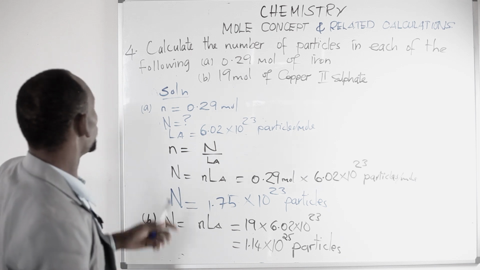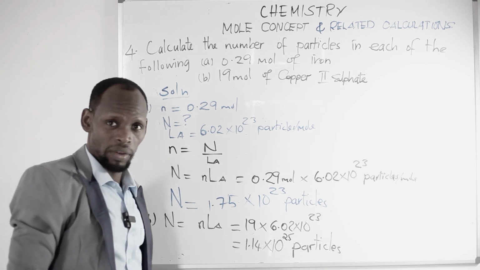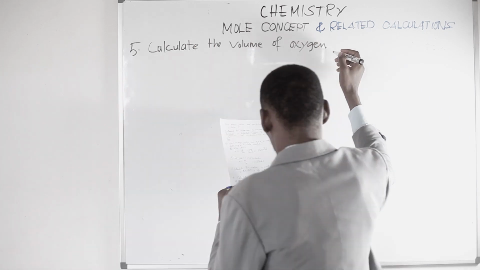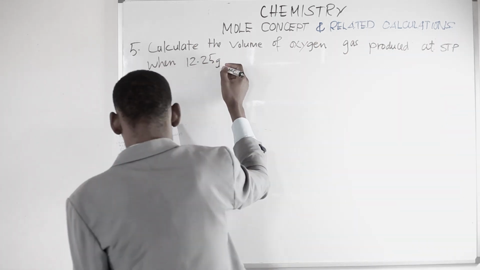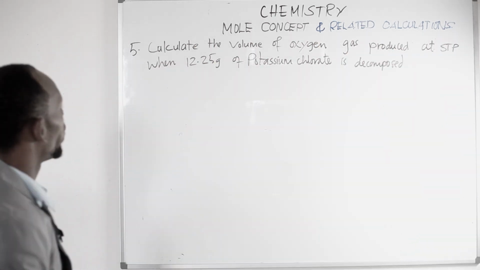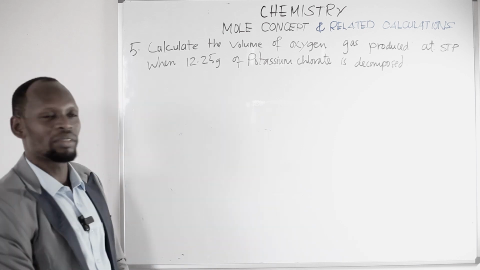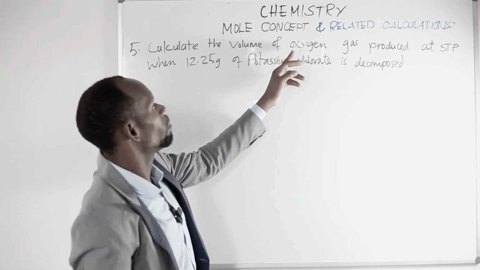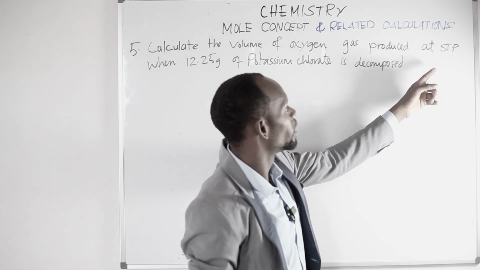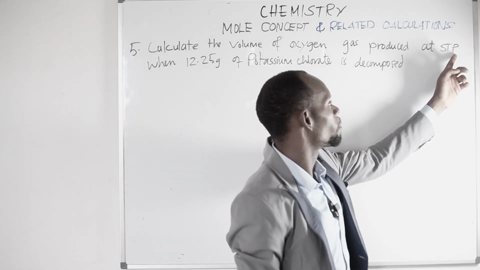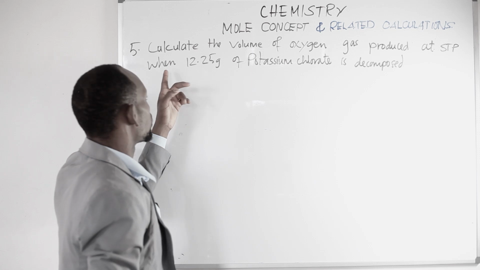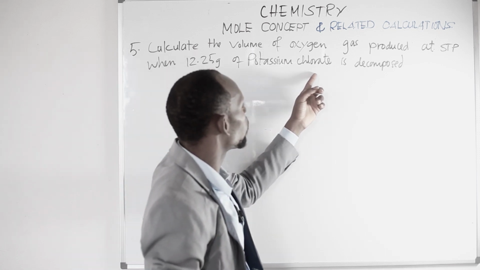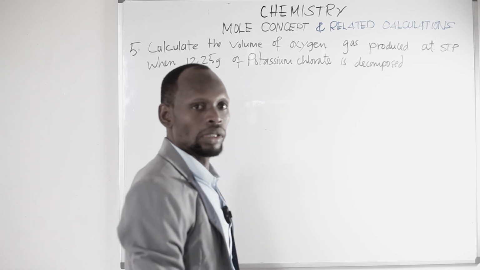Let's go to question number 5. Calculate the volume of oxygen gas produced at standard temperature and pressure when 12.25 gram of potassium chlorate is decomposed.